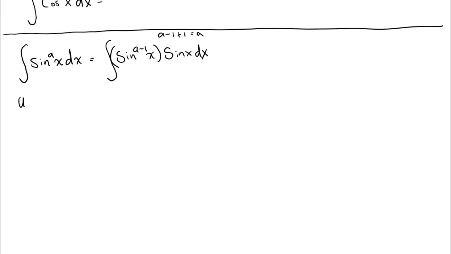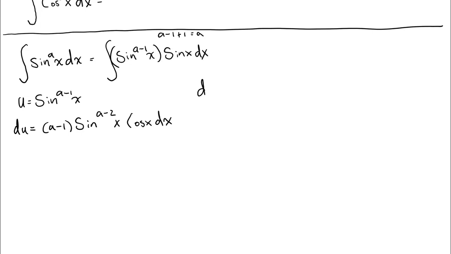Now we will allow our u to equal sine to the power of a minus 1 of x, and if we compute our du, we bring our exponent out front, a minus 1, sine to the power of a minus 2 of x, and then using the chain rule, we have to take the derivative of sine of x, which is just cosine of x, and then dx.